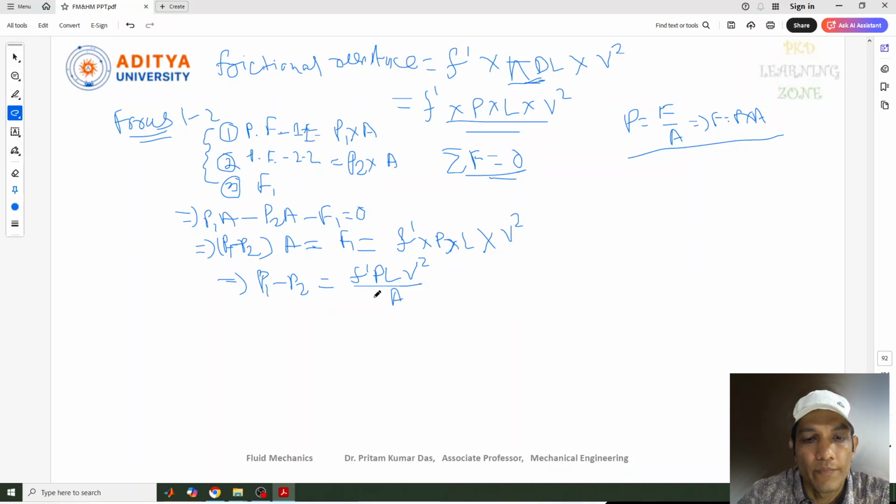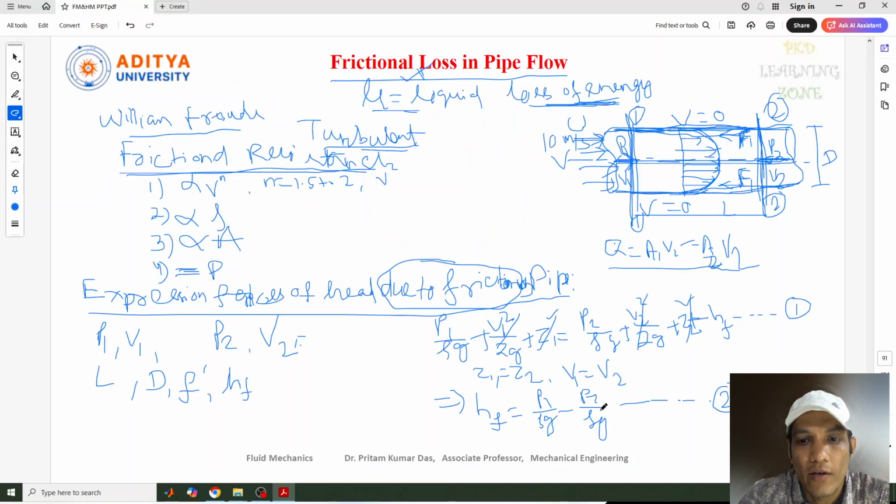Now in the previous equation, if you see, we have already got it previously here, up to here only I have written. Next point also we can write here. That means P1 minus P2 equal to HF rho G. One more term we can write, P1 minus P2 equal to rho G H. We know the equation P equal to rho GH, so here also with the pressure difference we got rho G HF.